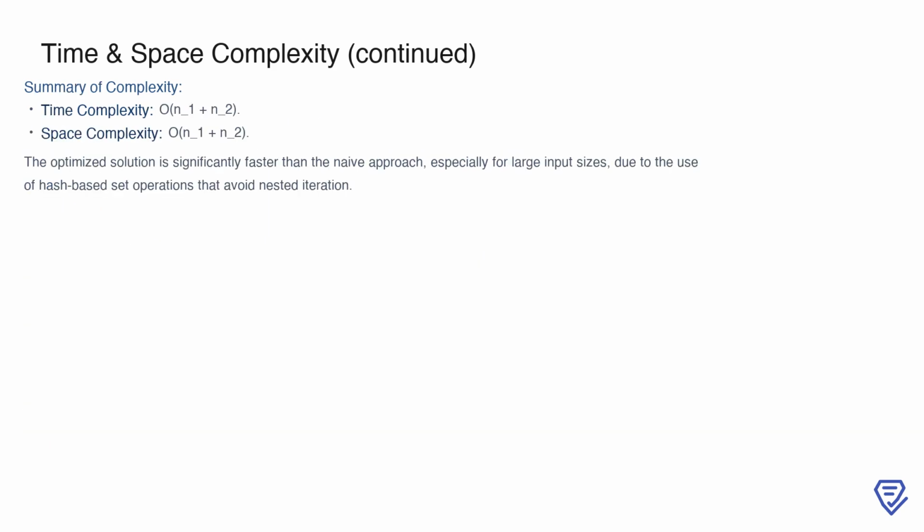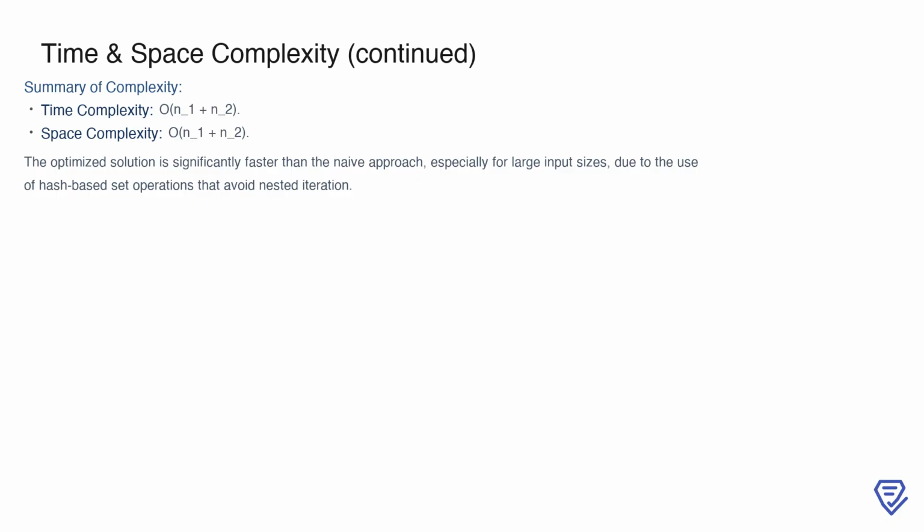To summarize the complexity analysis, the optimized solution has a time complexity of O(n_1 plus n_2) and a space complexity of O(n_1 plus n_2). These efficiencies are achieved through the use of hash-based set operations, which eliminate the need for nested iterations.